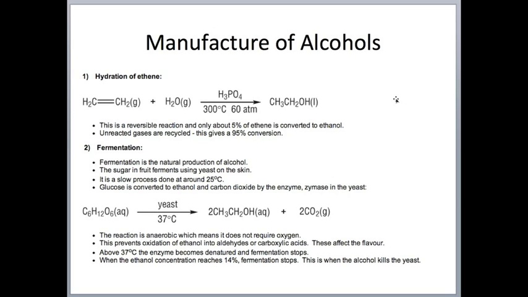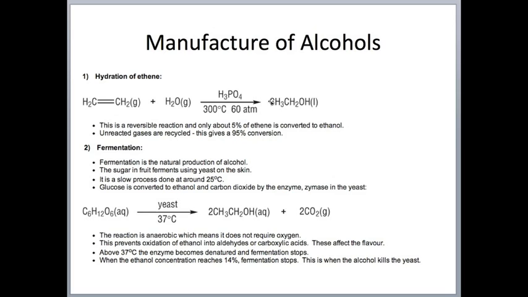So let's discuss how alcohols are manufactured. There are 2 main ways of producing alcohols. The first one is called hydration of ethene, and we've discussed this in the alkene video. In this case we have ethene with water at 300 degrees centigrade, the pressure of 600 atmospheres, with a catalyst producing ethanol, which is the alcohol.